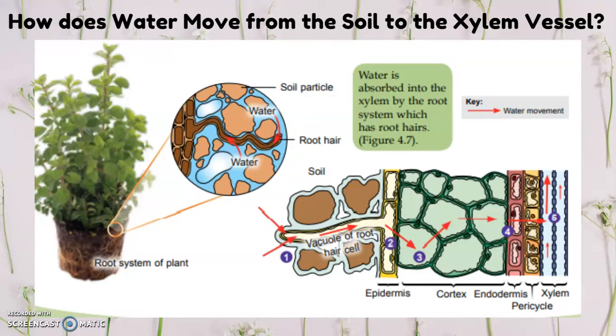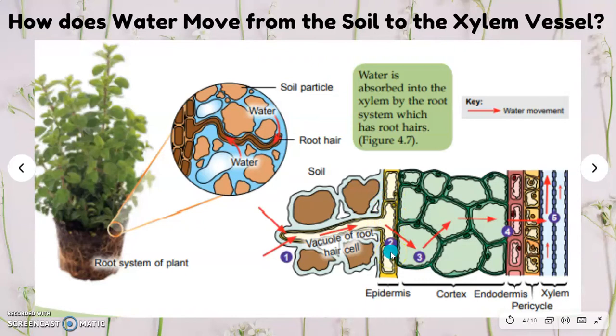That is number 1. Then what happened to the water? Water will diffuse from the soil into the root hair cells and epidermal cells by osmosis.